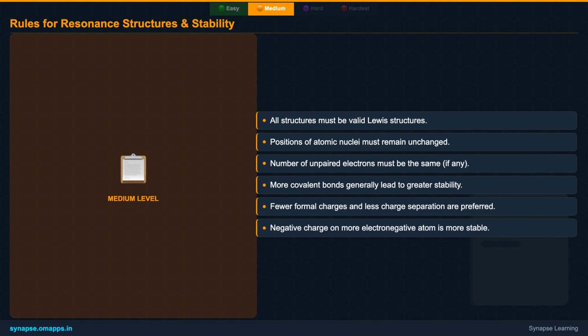To judge stability, remember that structures with more covalent bonds are generally more stable. Also, minimize formal charges and avoid separating opposite charges. If charges are present, place negative charges on more electronegative atoms and positive charges on less electronegative ones. These rules help us identify the most significant contributors to the resonance hybrid.